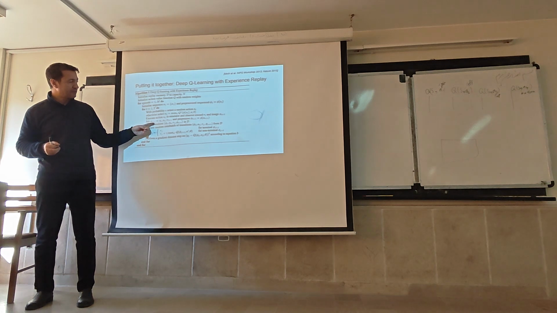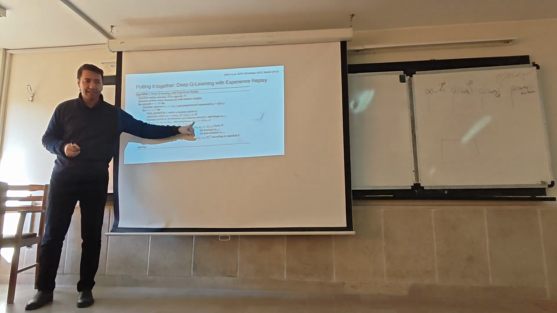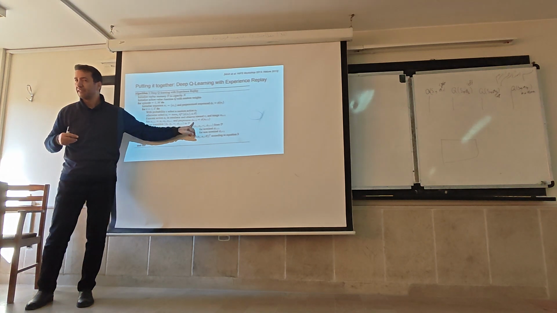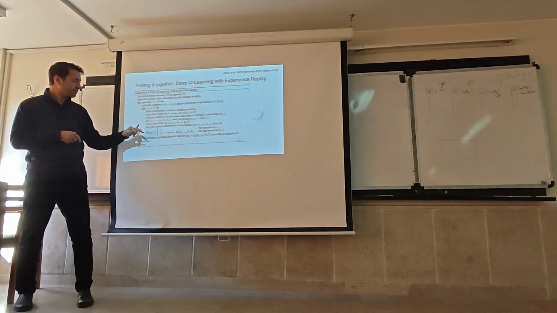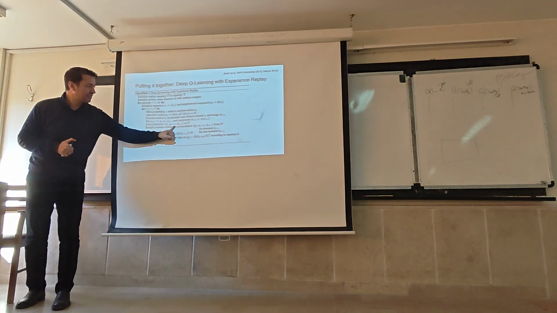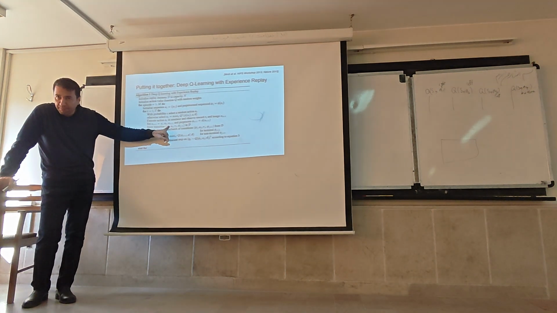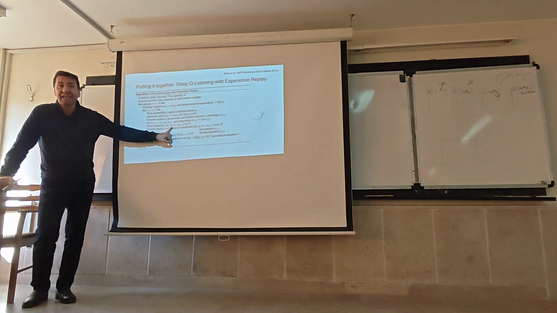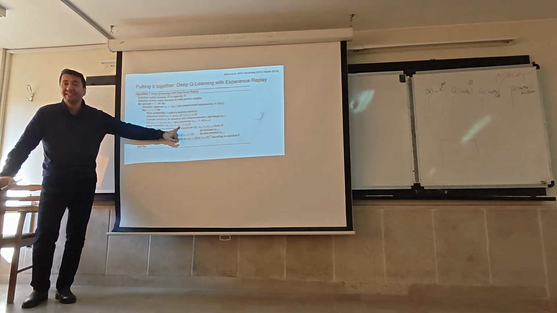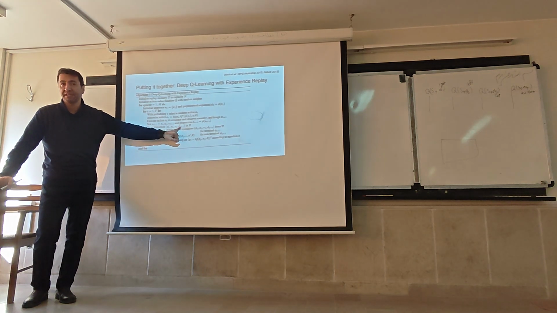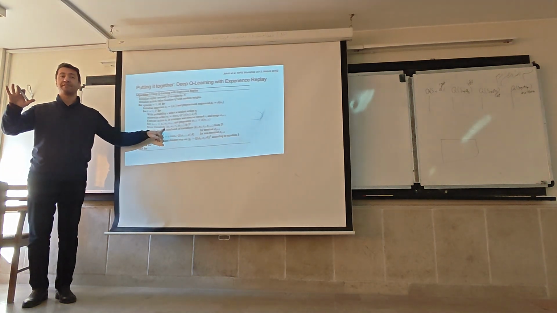Now we have the next state, and we process it to find phi t plus 1. Then we have a transition. What is the transition? Starting from state s t with action a t, we got reward r t, and the next state is phi t plus 1. So we put this in memory.